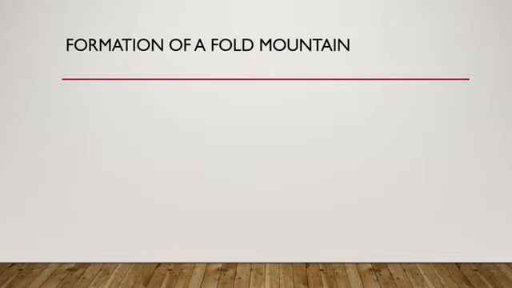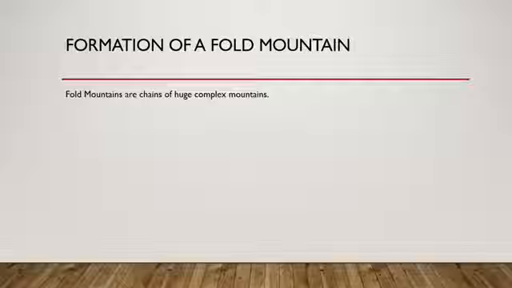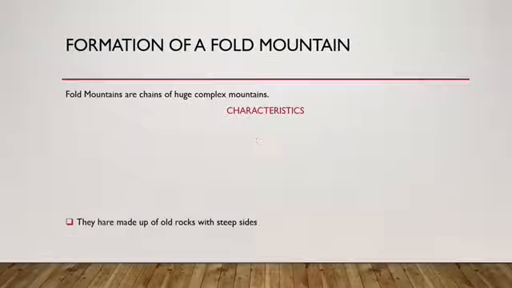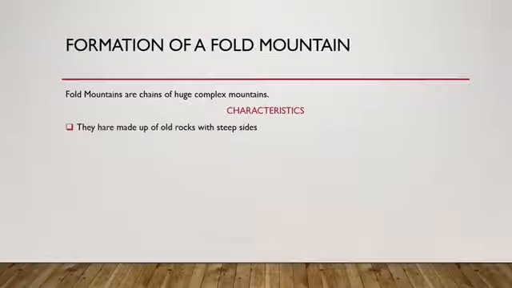Now let's move on to the formation of a fold mountain. Fold mountains are chains of huge complex mountains, and they have these characteristics. They are made up of old rocks with steep sides. Because of issues of sedimentation, these rocks are generally old rocks, because older rocks, igneous rocks, and the other ones undergo denudation, will undergo weathering, and then be transported to one area.